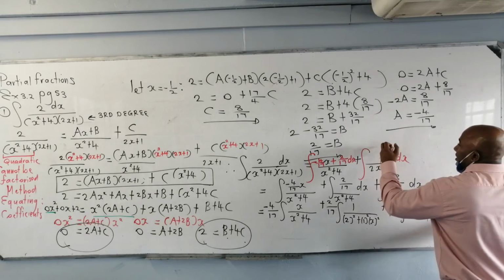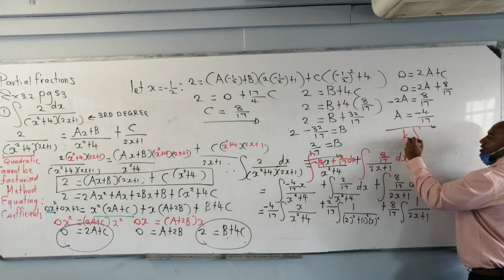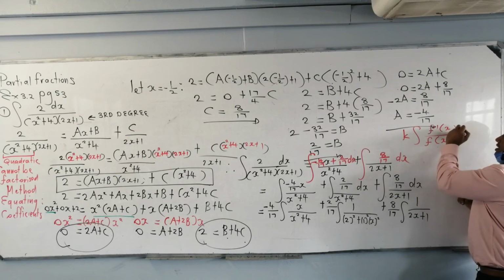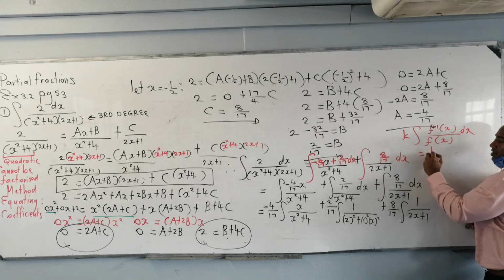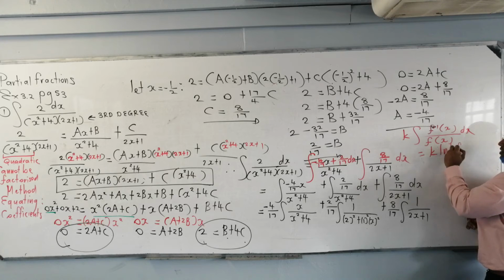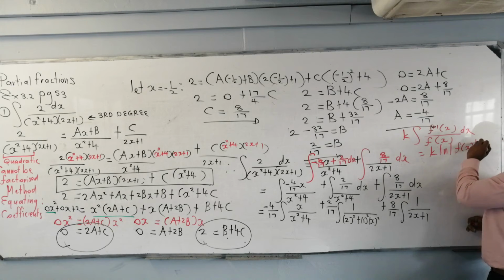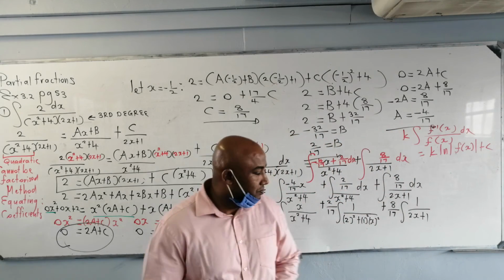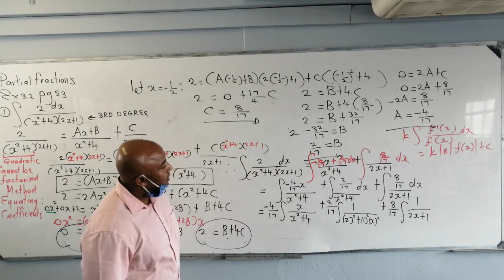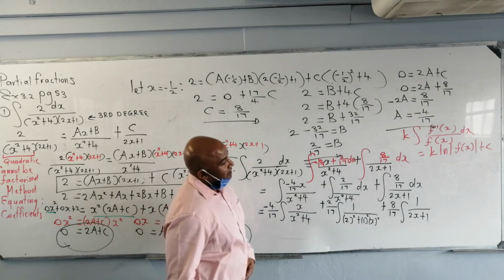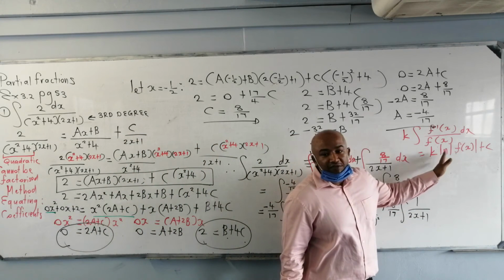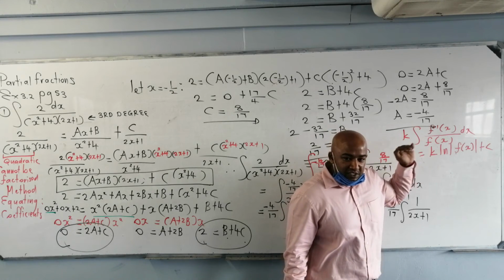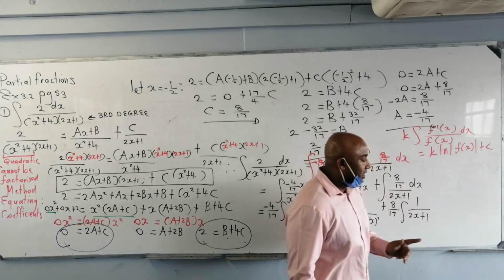I'm talking about this type here: k f prime x all divided by f of x dx, and the answer is always k ln of the denominator plus c. So now let's check. You can write down ln of the denominator only if the numerator is an exact derivative of the denominator.